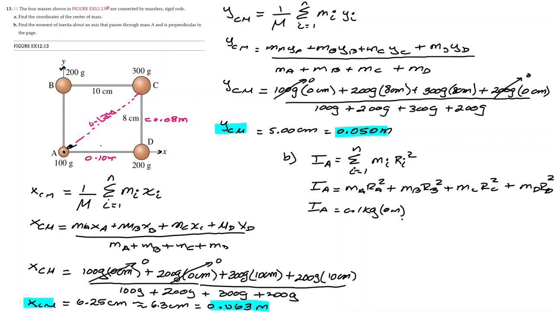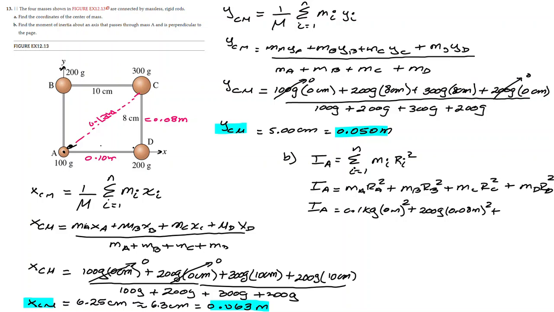So it's times 0. Plus now mass B is 200 grams, and of course this is a square here. The distance from mass B to mass A is 0.08 meters, so we say 0.08 meters square.